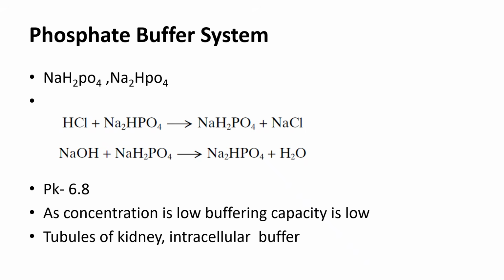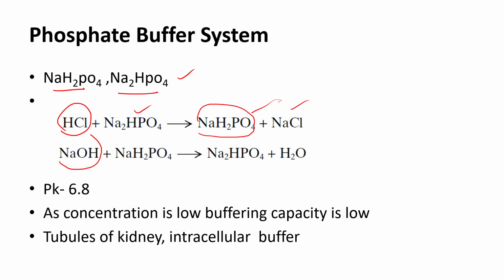Phosphate buffer system contains sodium dihydrogen phosphate and disodium hydrogen phosphate. A strong acid is added which reacts with disodium hydrogen phosphate to form a weak acid, sodium dihydrogen phosphate, and sodium chloride.